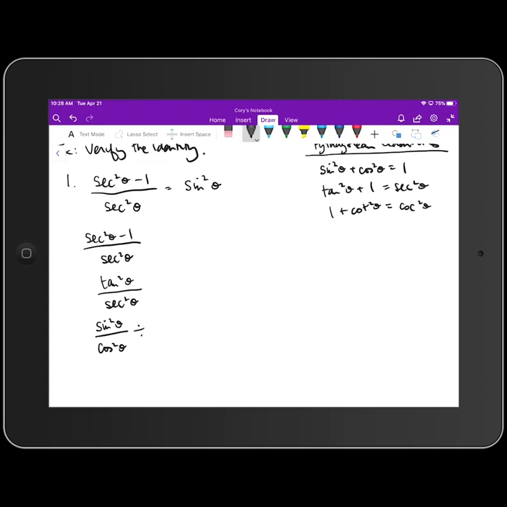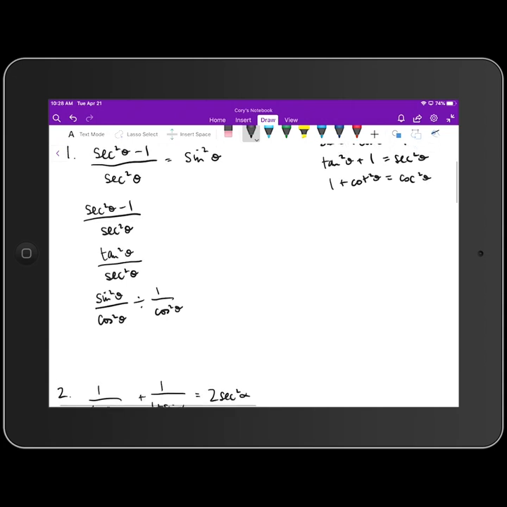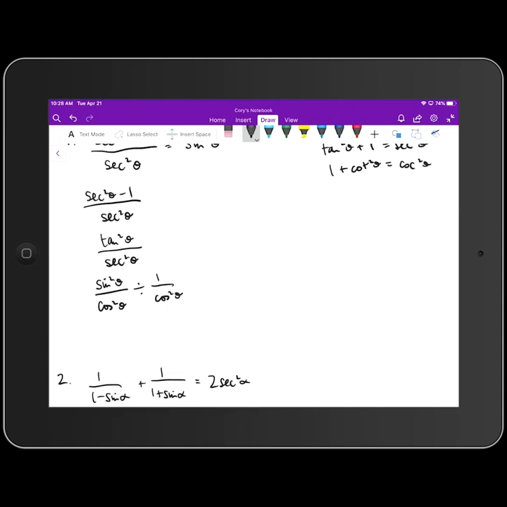If we're dividing that by secant squared, which is 1 over cosine squared, we can go ahead and divide those two fractions by taking the reciprocal of the second and multiplying, which gives us sine squared over cosine squared times cosine squared, and then those factors of cosine squared cancel. So that gives us sine squared.